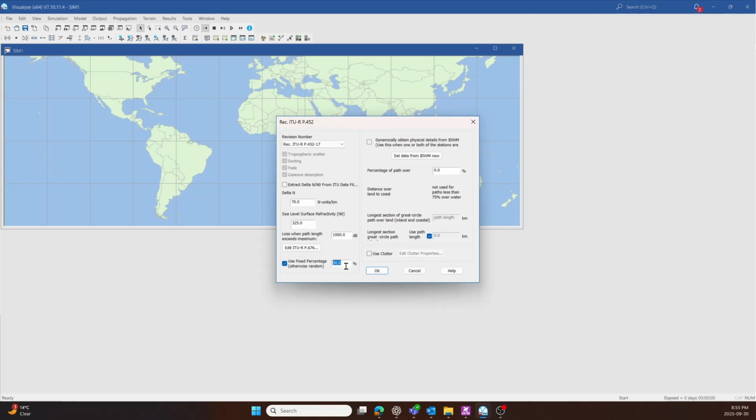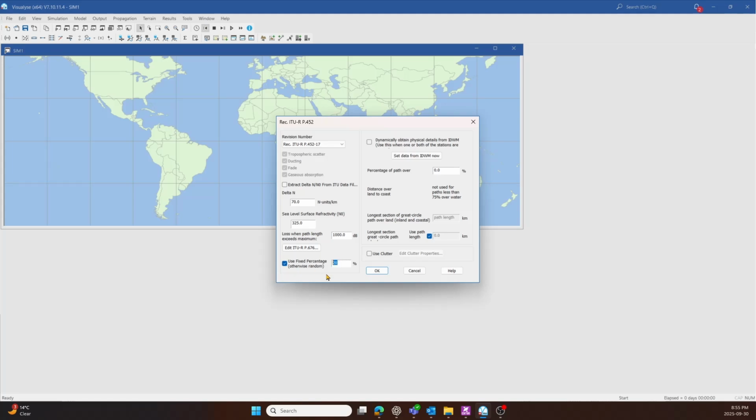If you bring it down to 20%, that means 80% of the time your propagation is normal, and in 20% it is not normal, which means the interference is felt more.